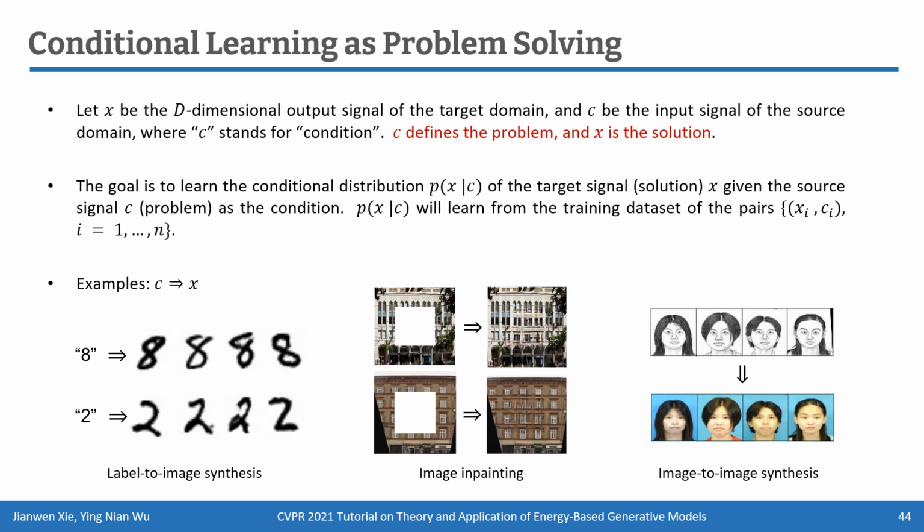Let X be the D-dimensional output signal of the target domain, and C be the input signal of the source domain. C defines the problem, and X is the solution.